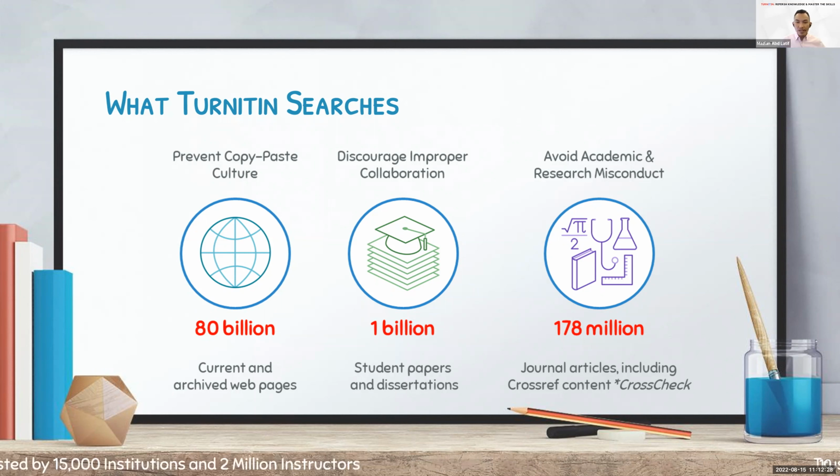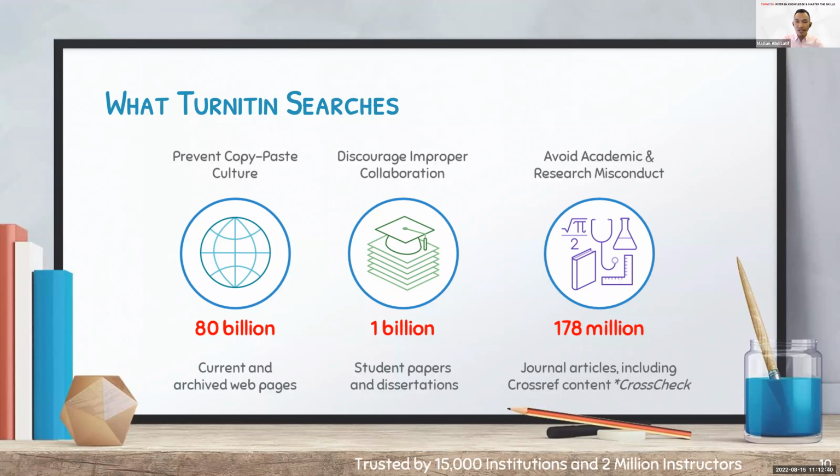The third one, which makes Turnitin very special, is millions of publishers' content, all the journal articles. CrossCheck is the latest partnership, giving Turnitin the largest scholarly comparison database from STM publishers, for example Elsevier, IEEE, Sage, Springer, Taylor and Francis, and Wiley.